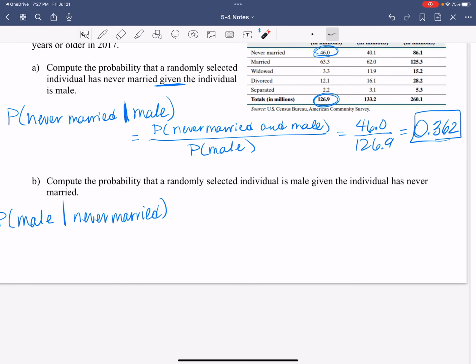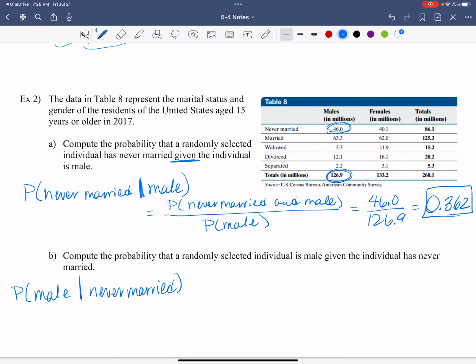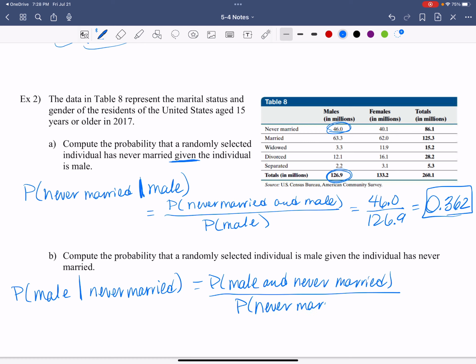Yes. Okay, let me make this a little bit bigger so we can see it better. So this is really the probability of male and never married. And it doesn't matter which word you put first or second, because it's where they overlap, right? Never married and male, male and never married, same thing. But the kicker is the probability of never married in the denominator.